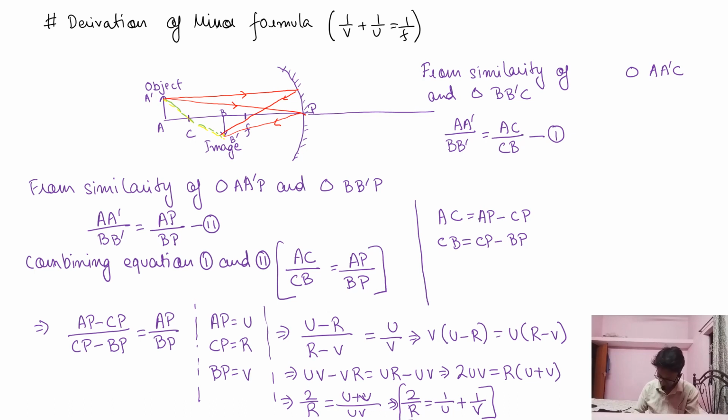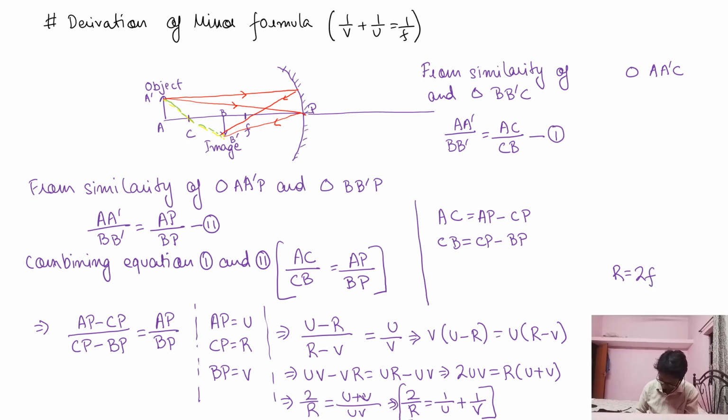See, we already know that R, or the radius of the mirror, is twice the focal length.